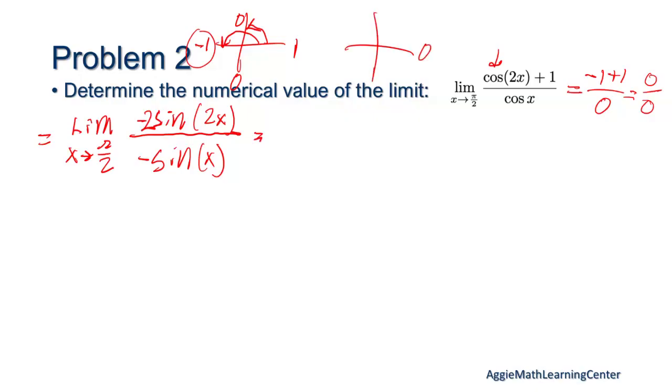Sine starts at 0, and then it goes to 1, 0, and then negative 1. So this is cosine, this is sine. The limit of sine at pi is -2 times 0, over negative sine at pi halves, which is -1. So that's going to be 0 over -1, which is just 0.